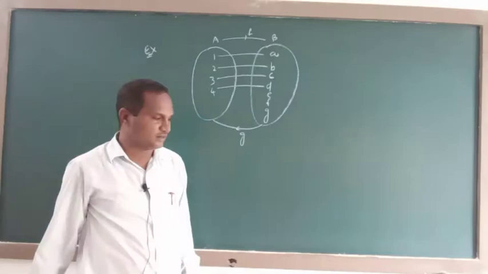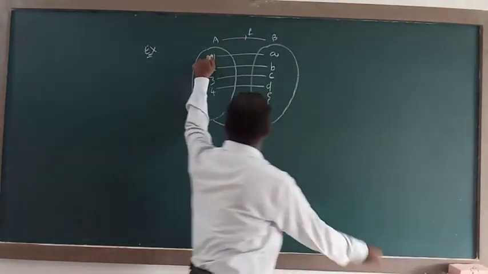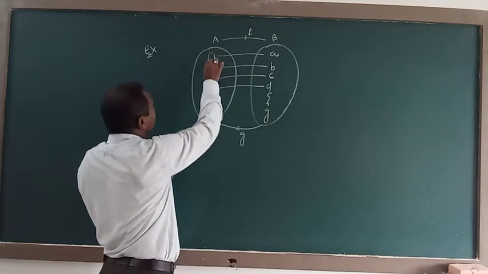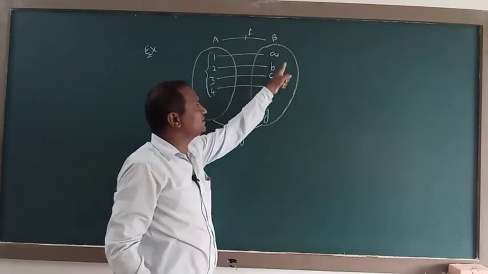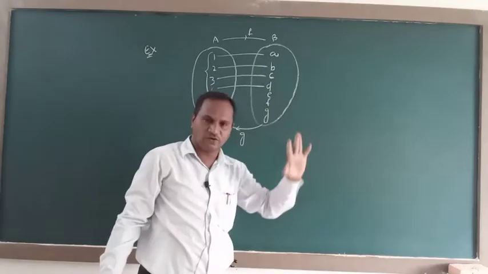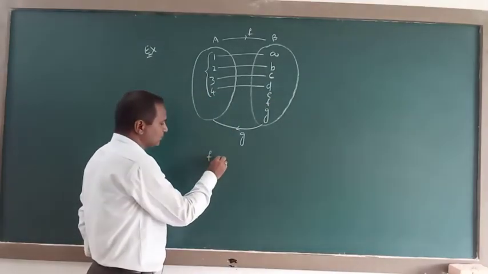So from this we can write different elements of domain A are associated with different elements of codomain B. Therefore, f forms a one-one function.